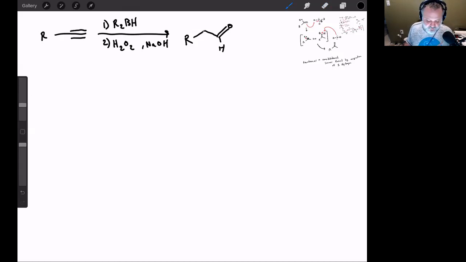And so before we do that, though, I just want to point out the reason that we use a more sterically hindered borane is that if we use BH3, then the alkene can do successive additions with boron.